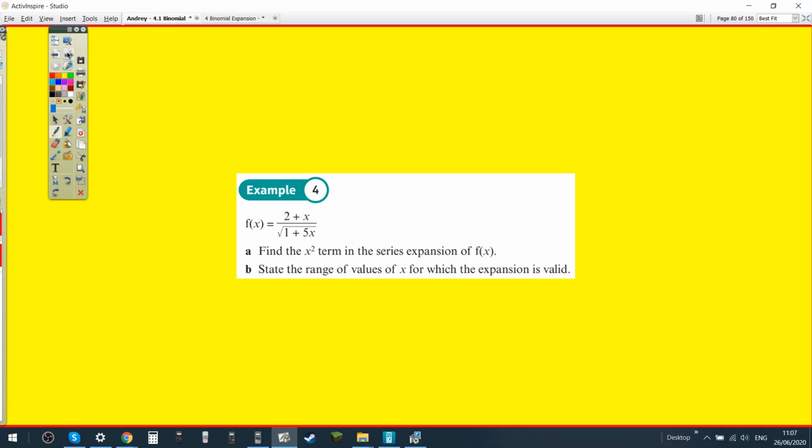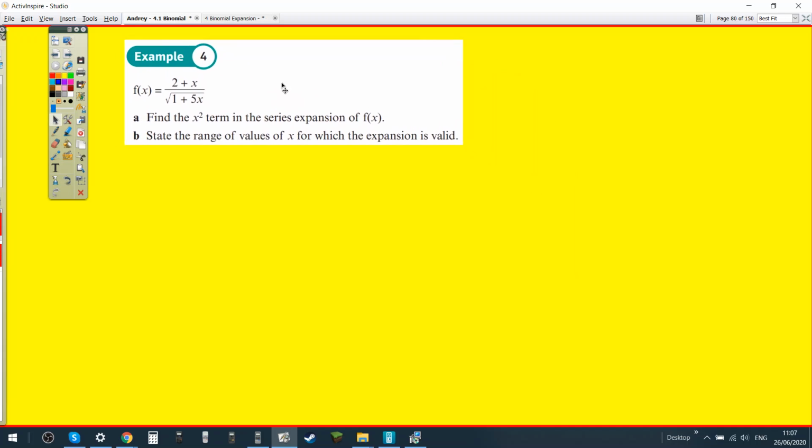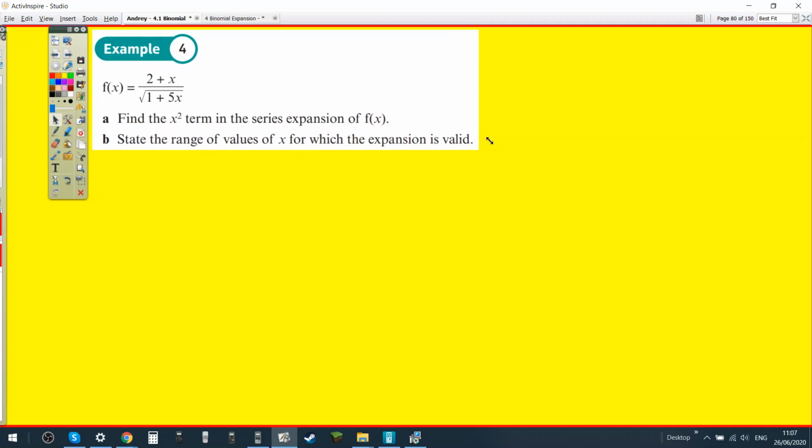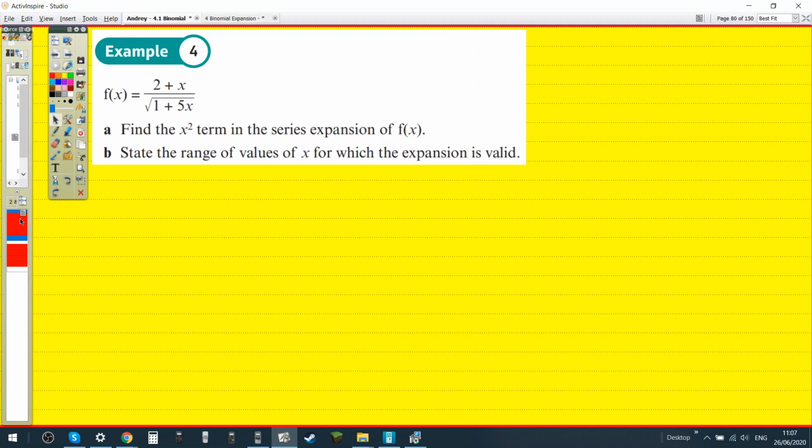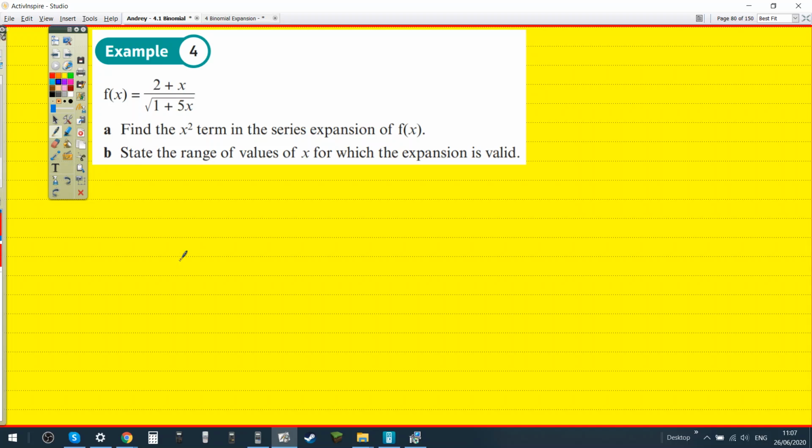All right. How would we do this one? So will that just be 2 plus x times 1 plus 5x to the power of minus a half?